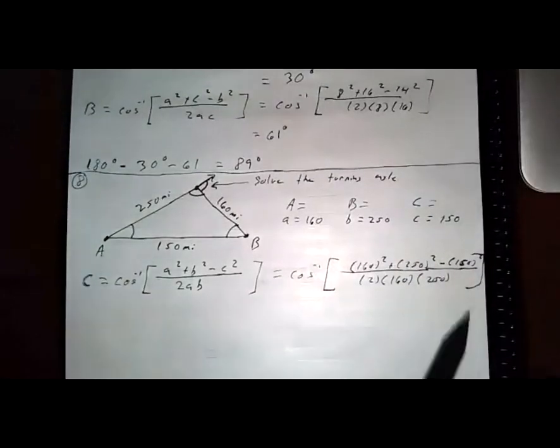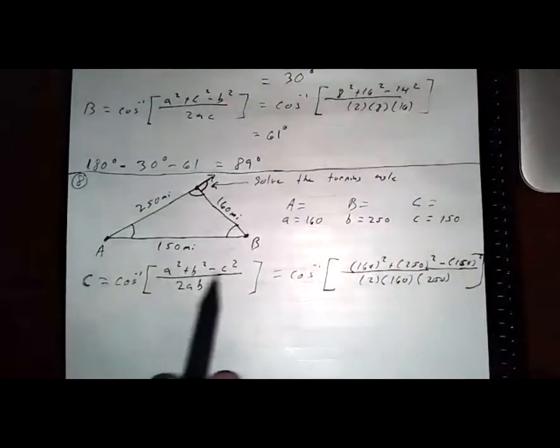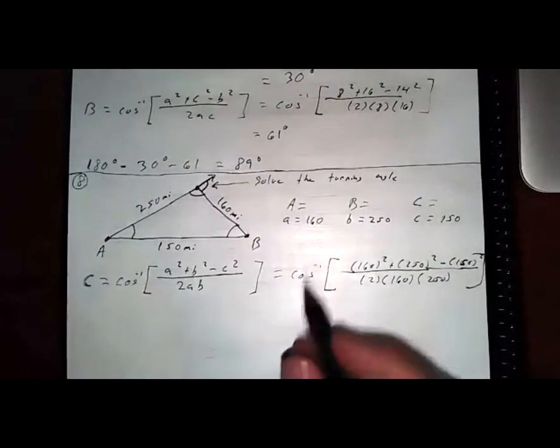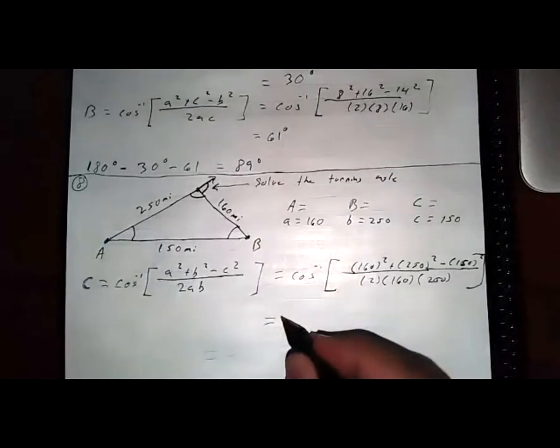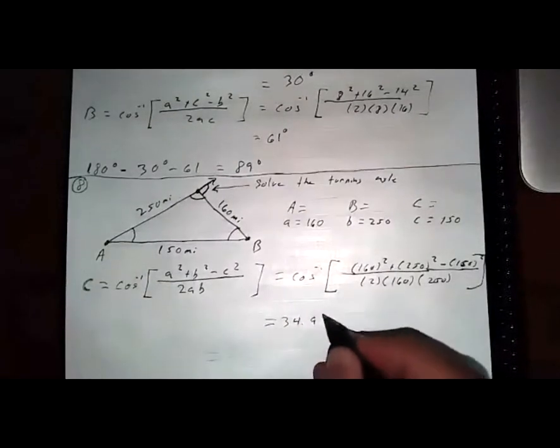There we go. You guys read that? Kind of jammed it in there. Just plug in the numbers, right? What did you guys get? I got 34.9. Yeah, that sounds right. 34.9 degrees though, right?